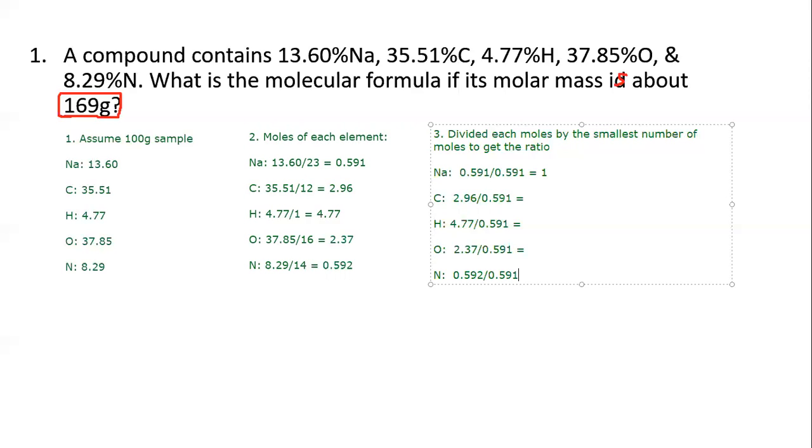Now the moles of nitrogen are very close to the moles of sodium, so that's going to be approximately the same ratio. And so here the ratios are all whole numbers, so we can write the empirical formula.